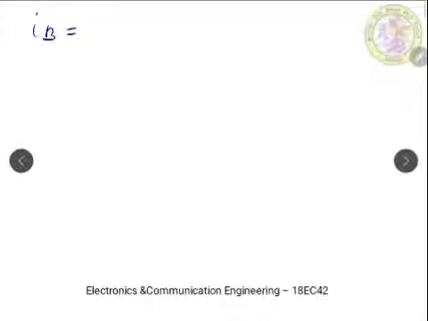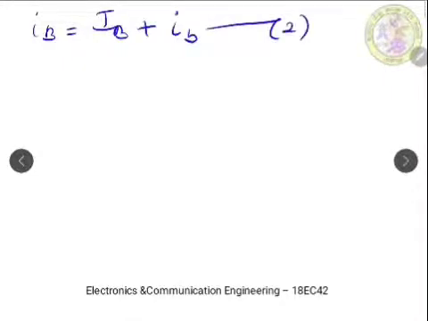Now we can write the total base current as iB equals capital IB plus small ib. This is one important relation. Here you can observe that the total base current, because of both biasing as well as signal, is equal to the DC component as well as the current component because of the applied signal.